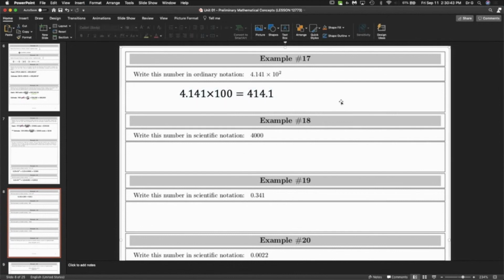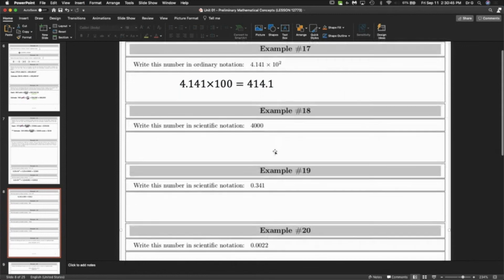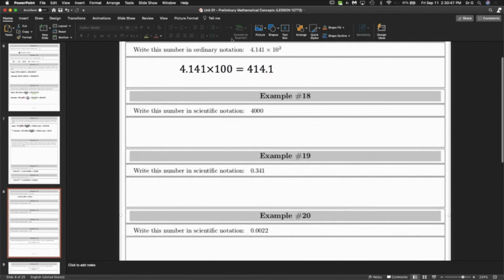So let's move on to going the other way, which is to write it in scientific notation. Yes, that is correct, Shazad and Victor. Victor, you've got to write a little bit better. You've got to go 4 times 10 to the, I think.